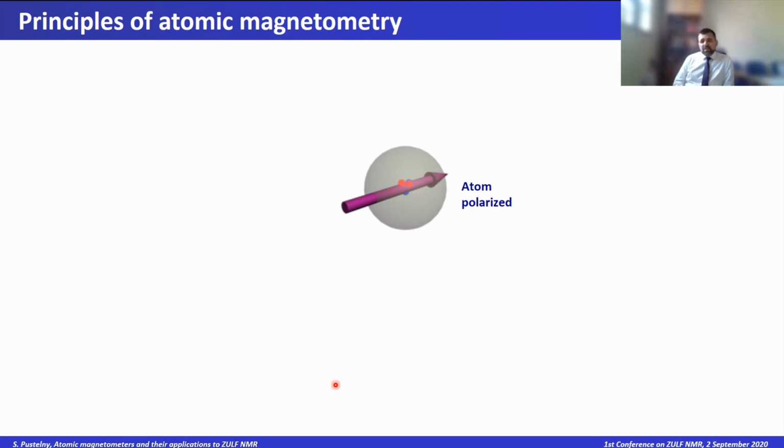What is interesting in this picture is that when you do it for a long time and you pump all the atoms, because atoms have a finite angular momentum, you can end up in a state that is fully polarized.